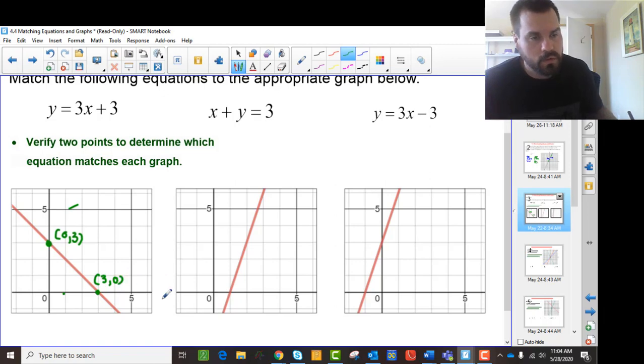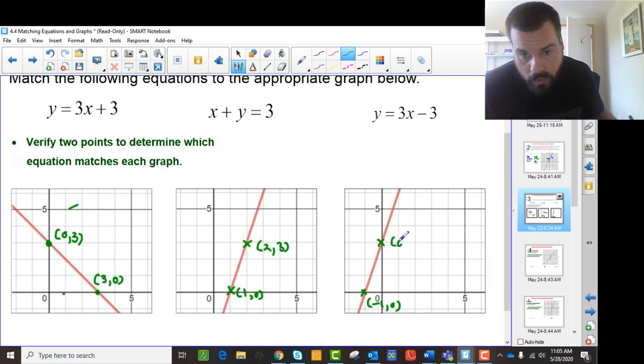So if I choose those 2 points for that graph, and then let's say, again, I'm looking for grid points, so this is the point 1 and 0, and this one goes through 2 and 3. And then for this one, this goes through -1 and 0, and then 0 and 3.